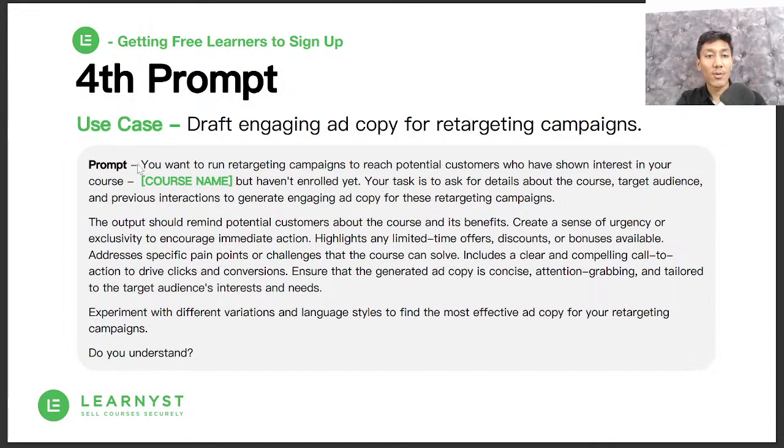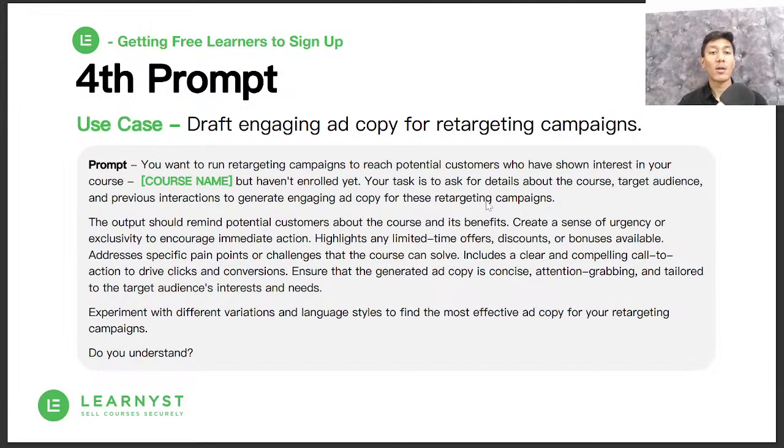So here's the prompt. You want to run retargeting campaigns to reach potential customers who have shown interest in your course. The course name is something you have to mention, because the course name would be different for every course creator, but haven't enrolled yet. Your task is to ask for details about the course, target audience, and previous interactions to generate engaging ad copy for these retargeting campaigns.